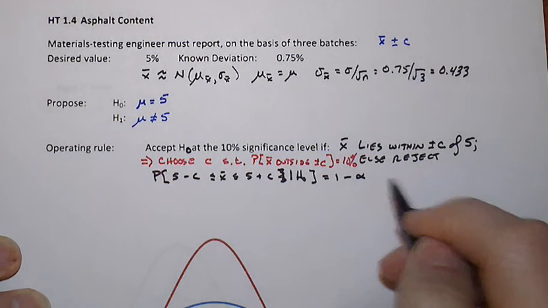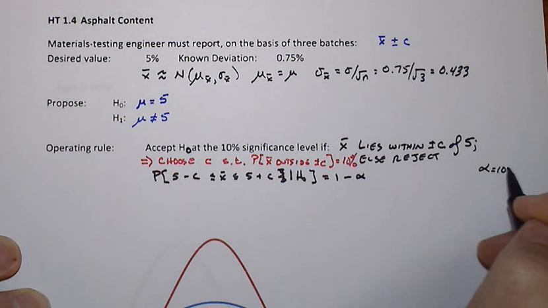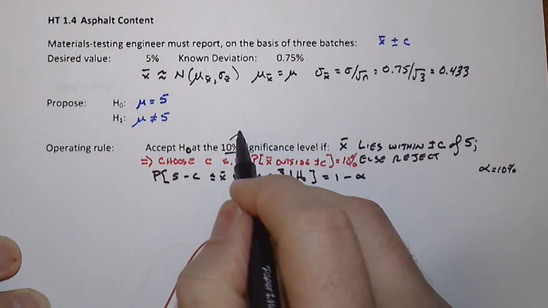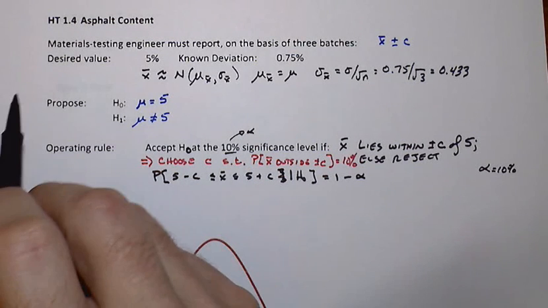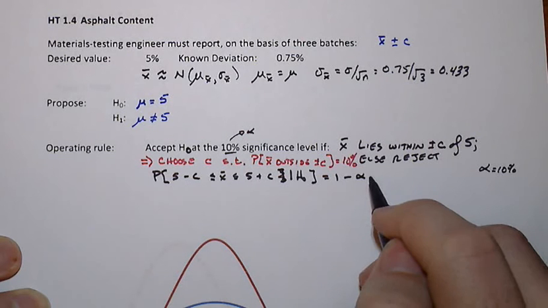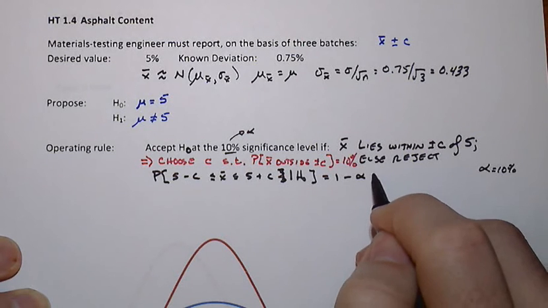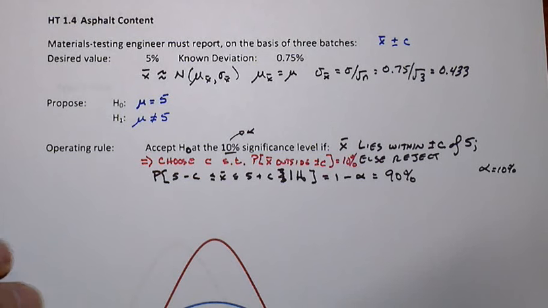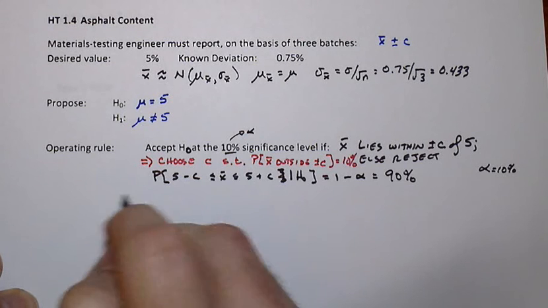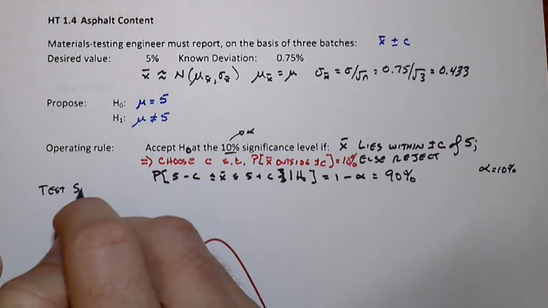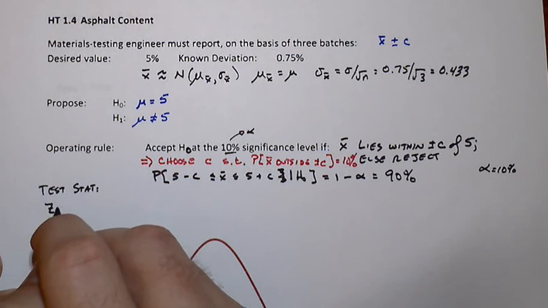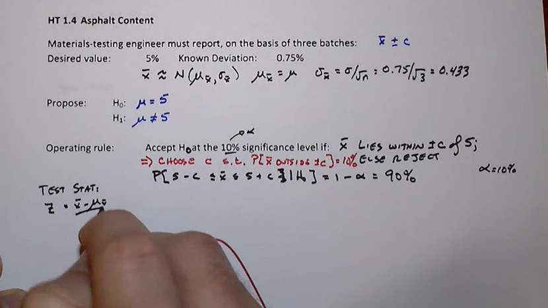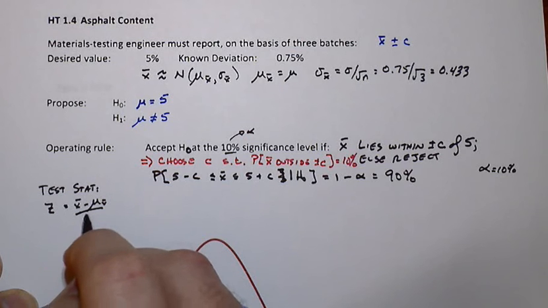Right, now note what I just did here was I said alpha was our 10% number, and that's going to turn out to be our significance level, and it's also going to turn out to be associated with our probability of type 1 error, and we'll draw that all in a nice package with a bow here in a second. So that's going to be equal to 90% in this particular case. Okay. Our test statistic is going to be Z equal to X bar minus its mean over its standard deviation, which will be sigma over square root of n.